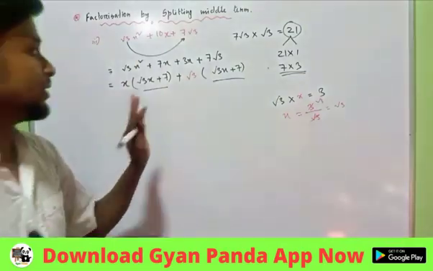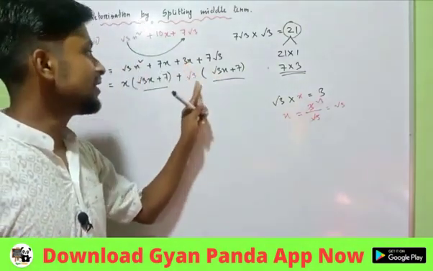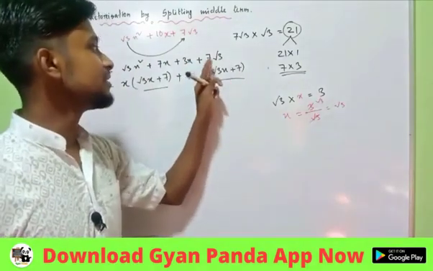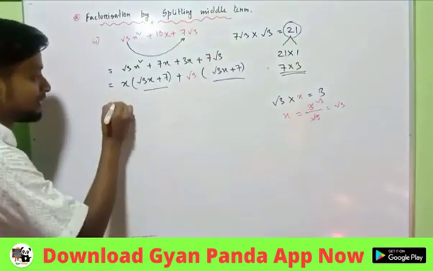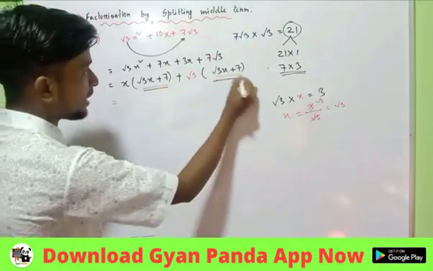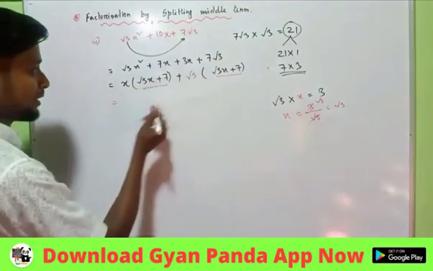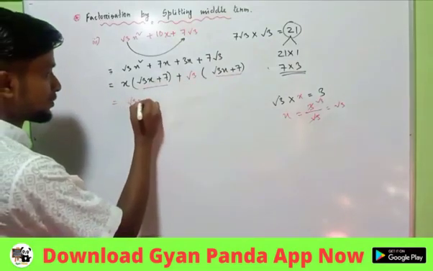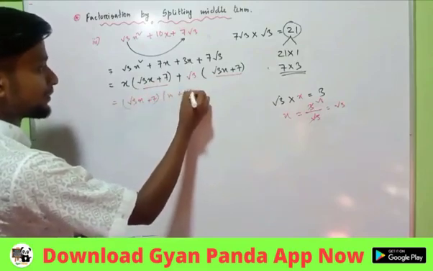It is root 3 into root 3, that is 3, and here it is root 3 into 7, that is 7 root 3. So are we correct? Yes, we are. If we take common these terms from these two pairs, we will get root 3x plus 7, and here will be x plus root 3.